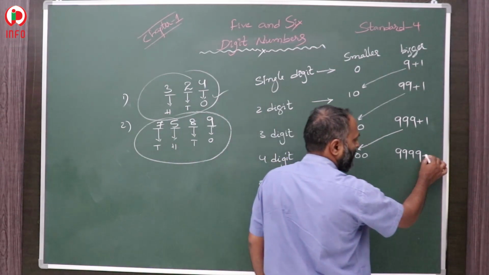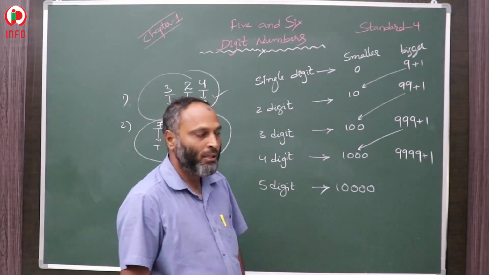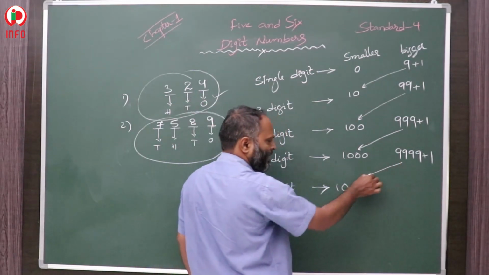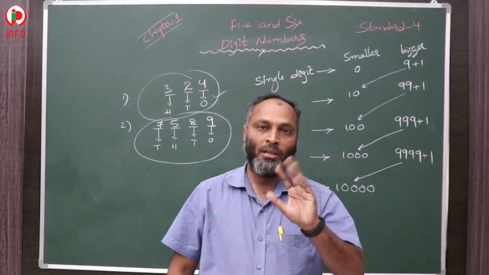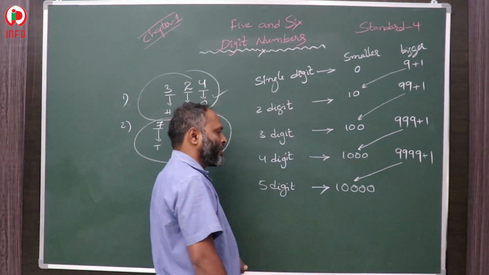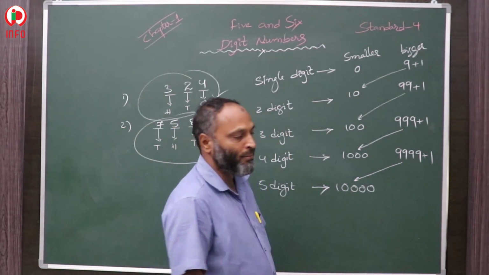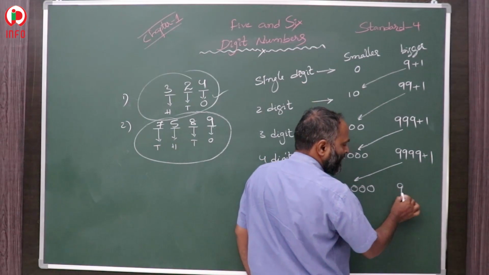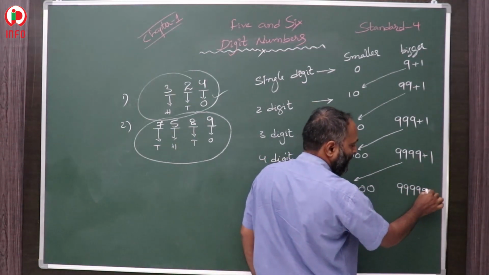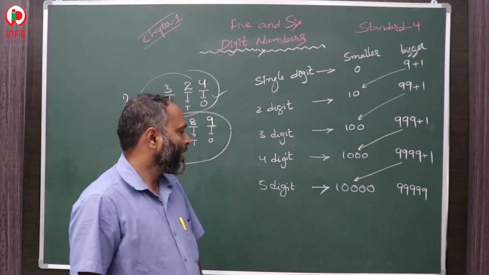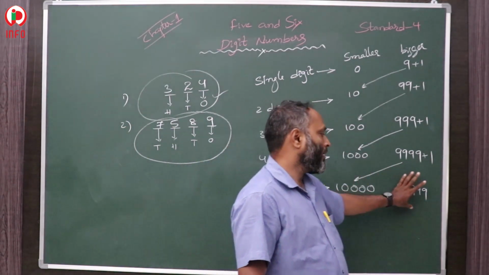If we add 1 to 9,999, then we get 10,000. That is the 5 digit smaller number. Next, the 5 digit bigger number, that means larger number, that is 99,999. These two are the 5 digit smaller number and larger number.